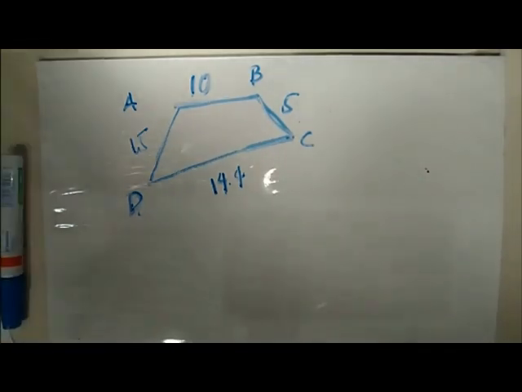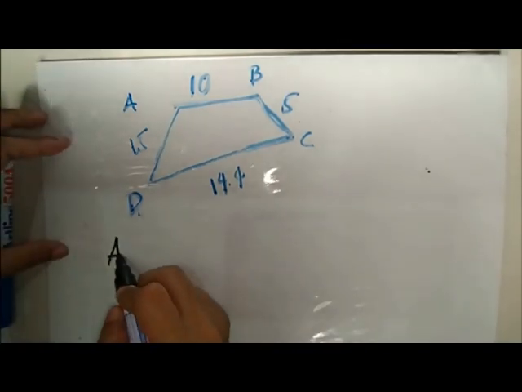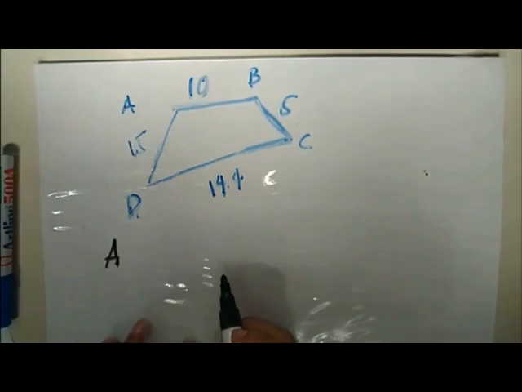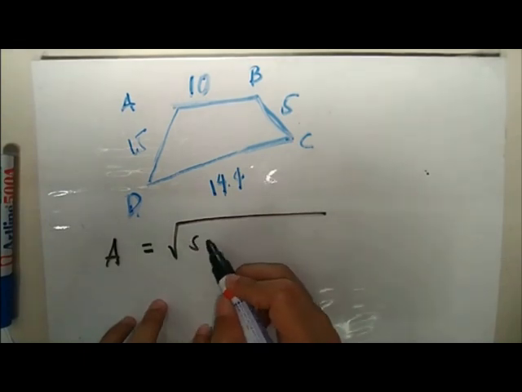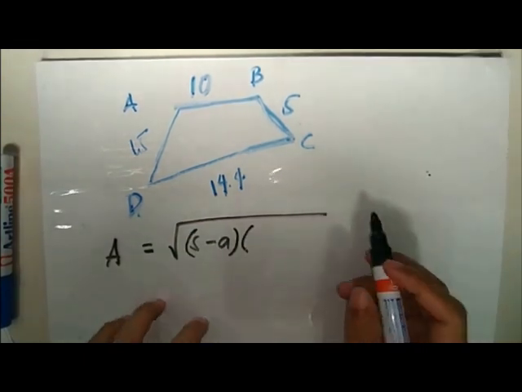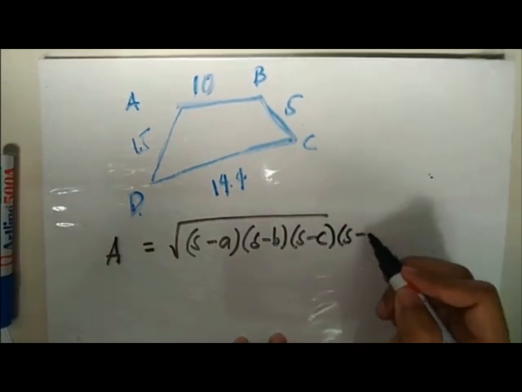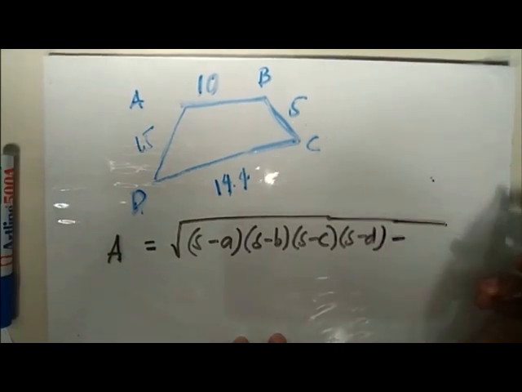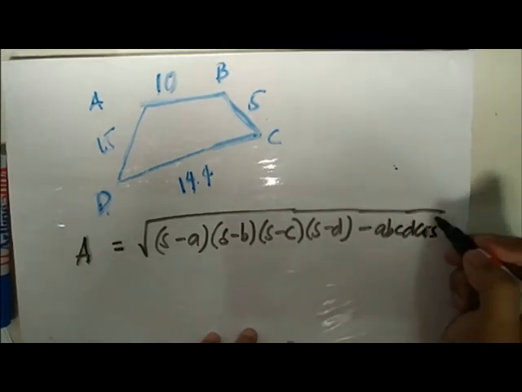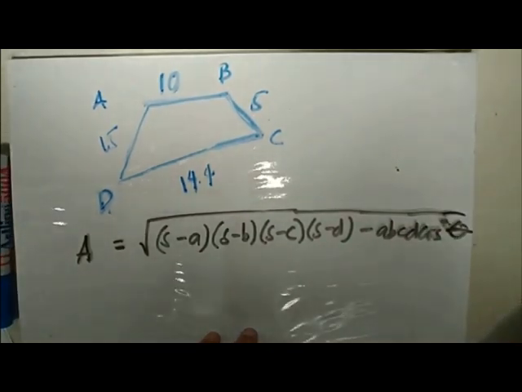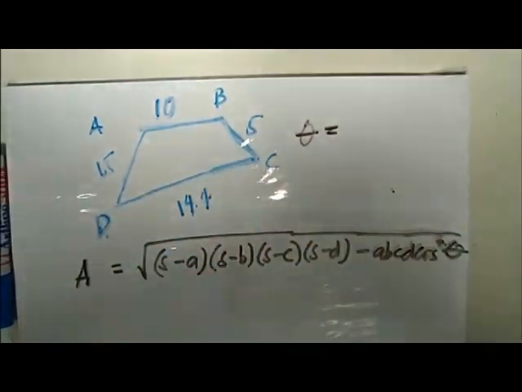Sa general quadrilateral, area ng four-sided polygon, so that is square root of (S minus A)(S minus B)(S minus C)(S minus D) minus ABCD cosine squared of theta, wherein yung theta natin here is yung 1/2 ng sum of opposite angles.